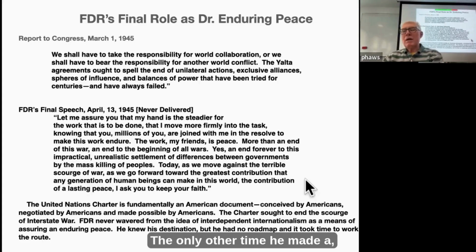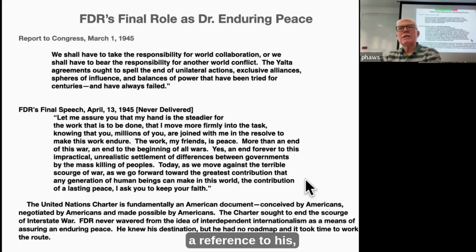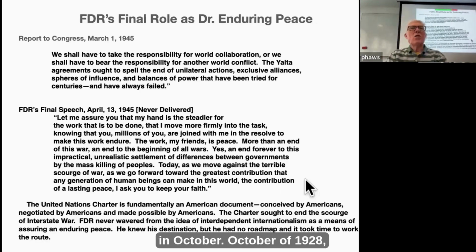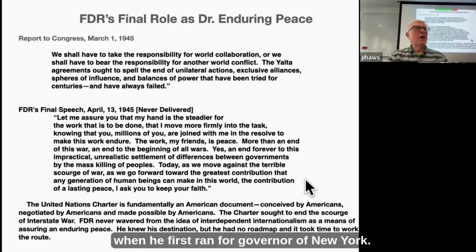The only other time he made a reference to his paraplegia was in October of 1928, when he first ran for governor of New York.